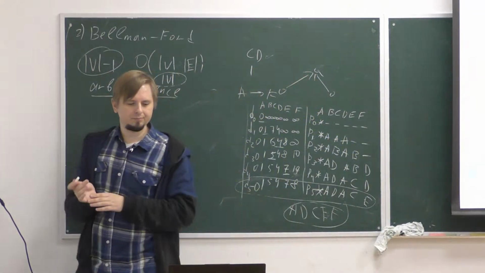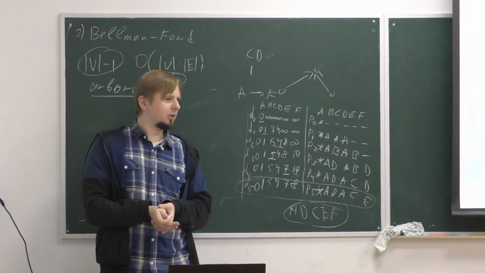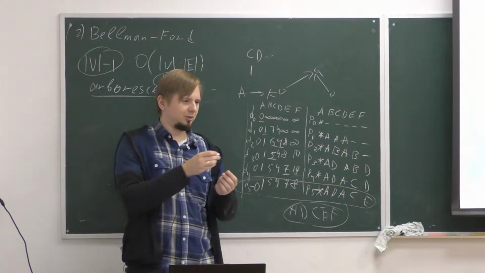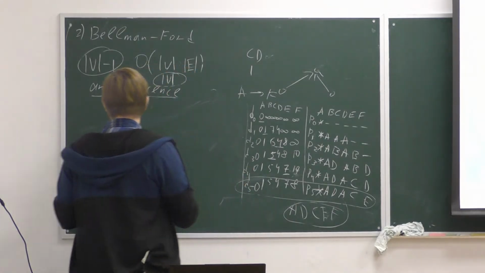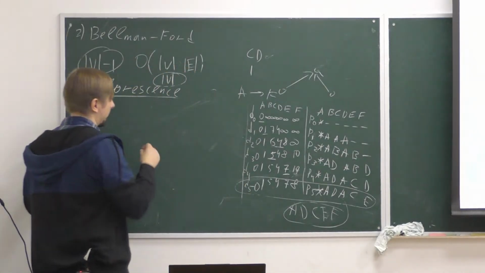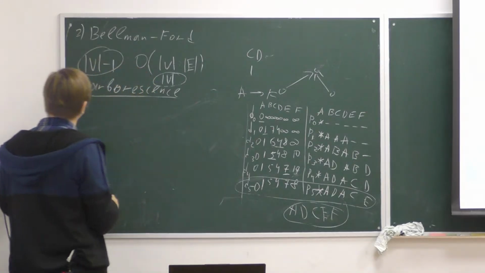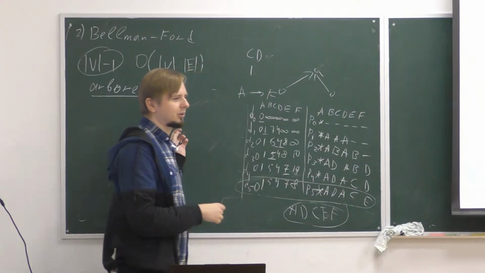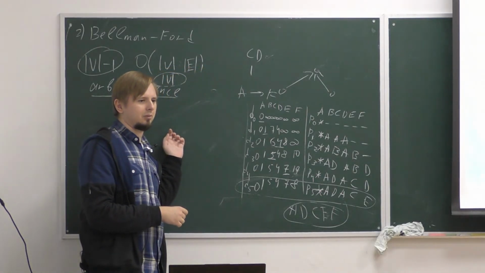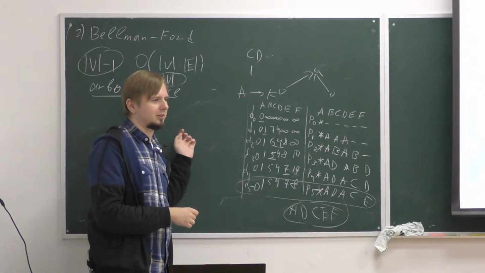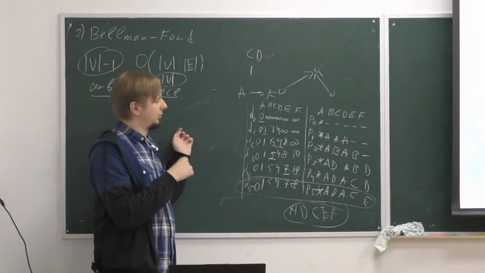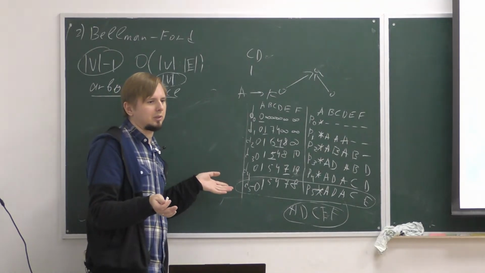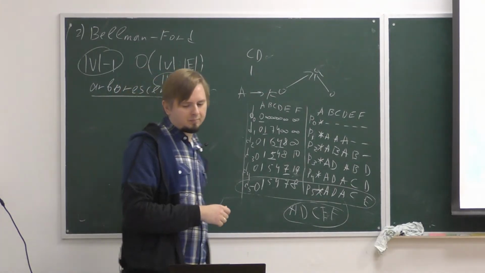It's just the length of the shortest path from one vertex to another. In the undirected case, this matrix will be symmetric, and in the directed case it can be symmetric or not.